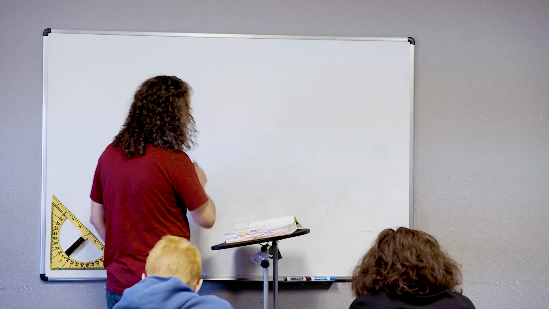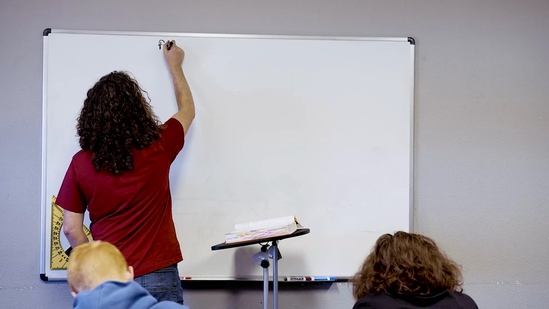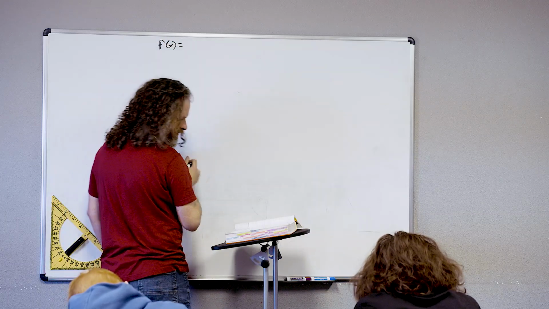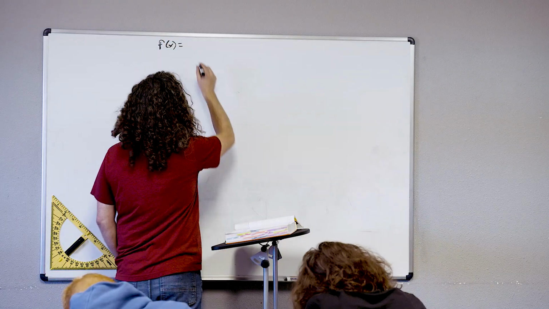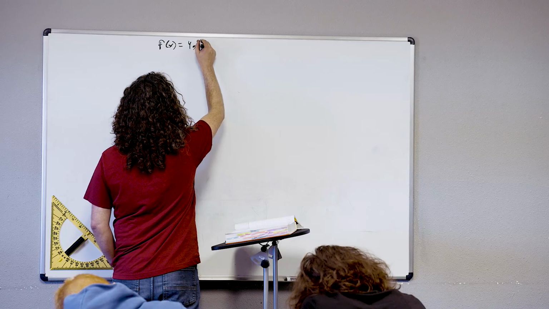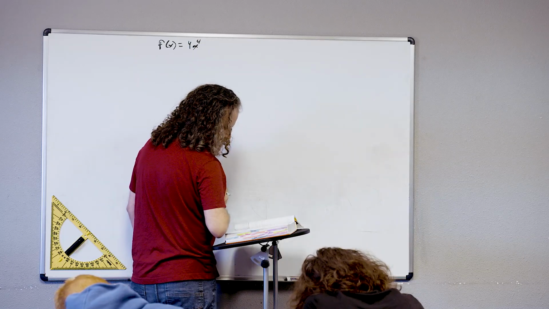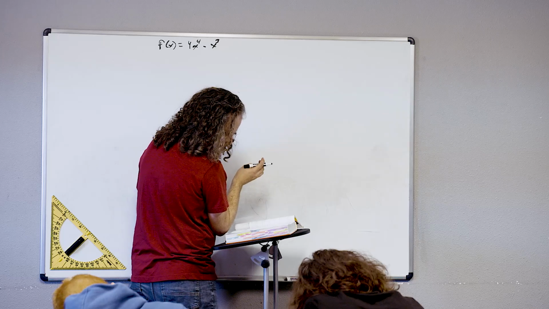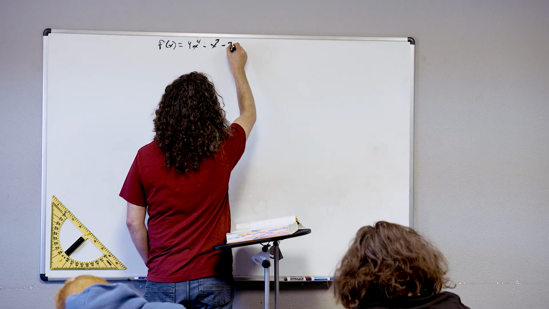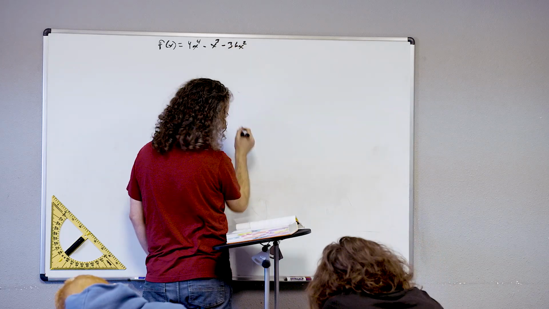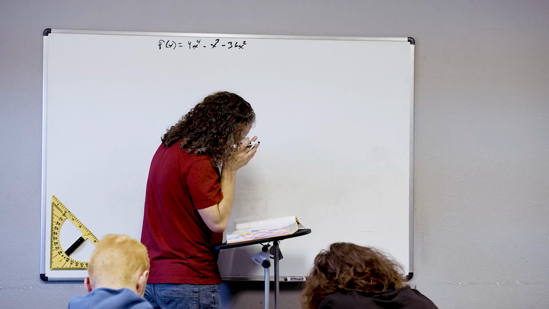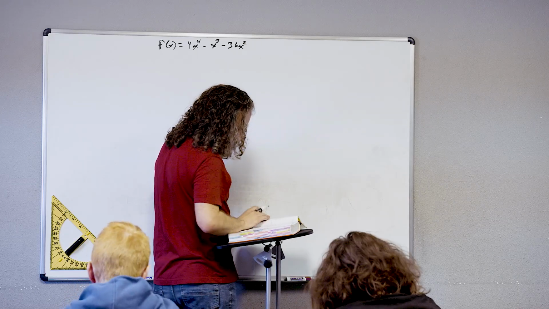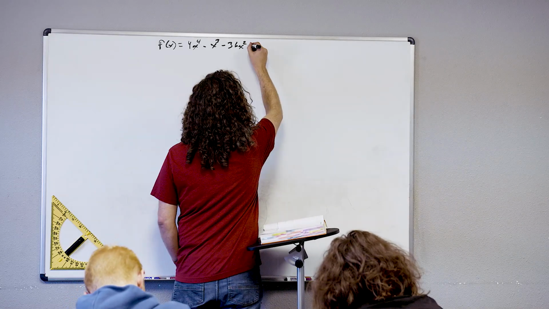So we're gonna see f of x equals 4x to the 4th minus x cubed minus 36x squared minus 111x plus 30.